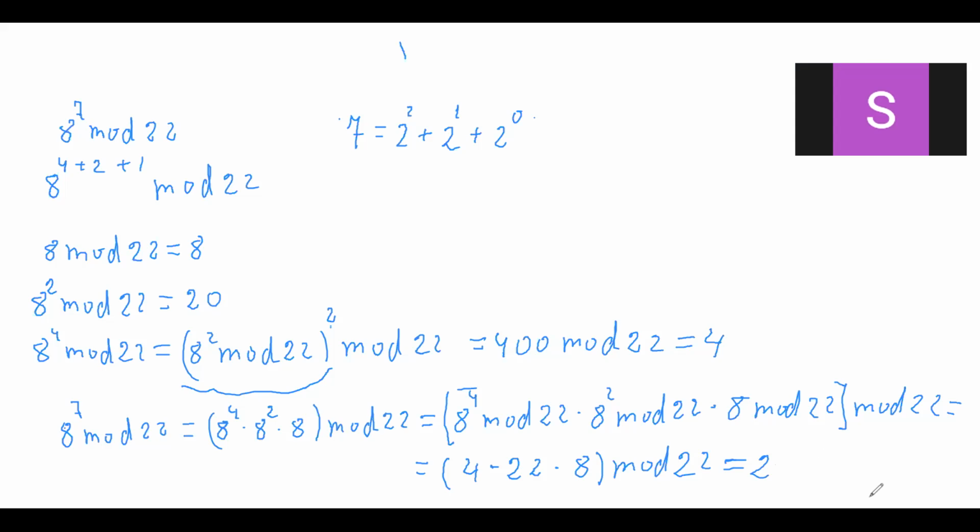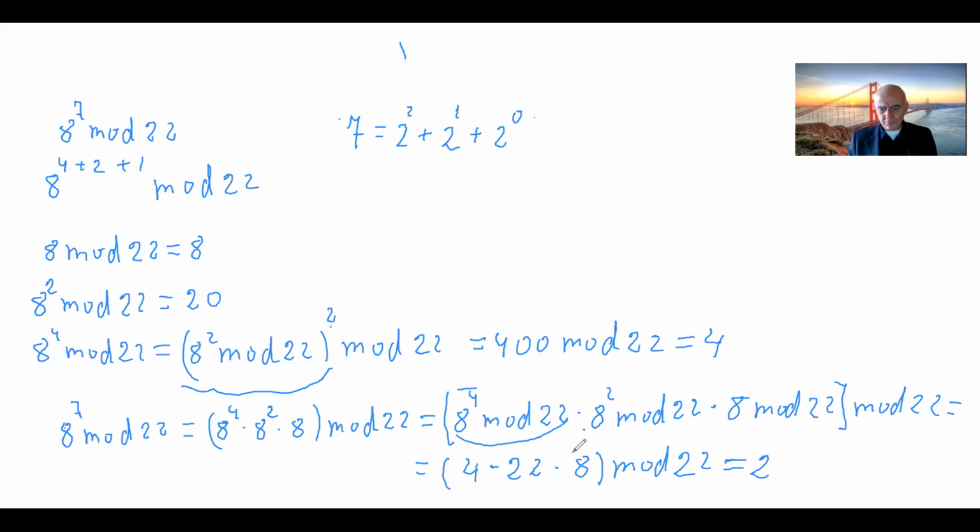Okay. Why do we have 22 here? Shouldn't it be 20? Yes, Katie, thank you very much. So here must be 20, of course, because 4 I got from here. It's 4, and it's 20, and it's 8.